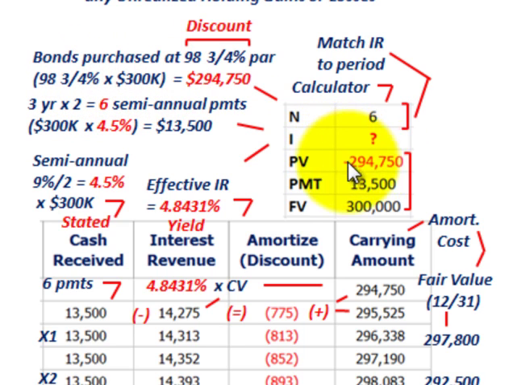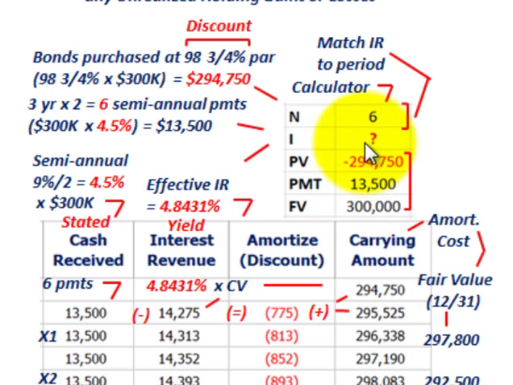So enter that as a negative amount, present value button. Now for your payment, that was the cash payments that we're receiving here, $13,500 we have here. Enter that, and then the future value button, that's the maturity value on this bond, $300,000. Okay, so then enter all those numbers here.